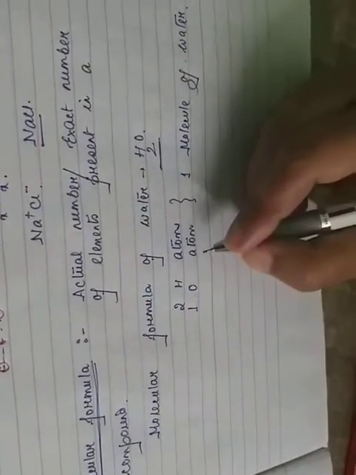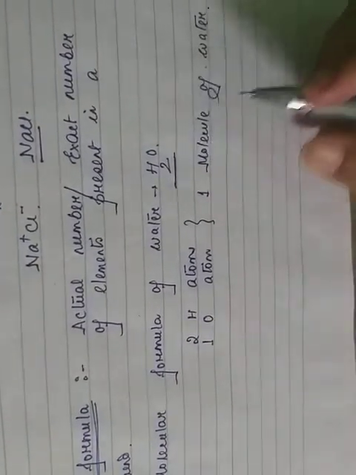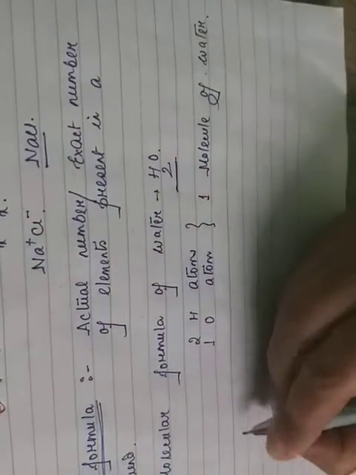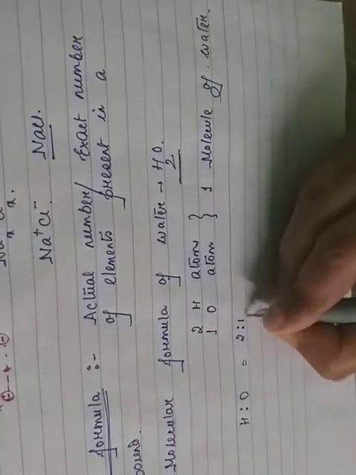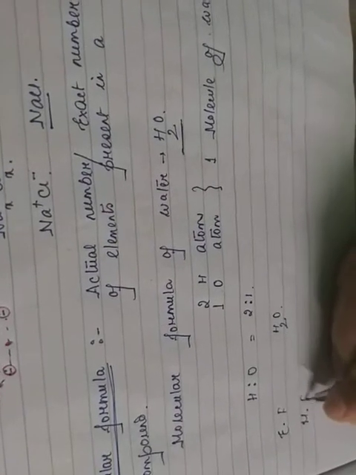This is the exact number. However, this molecular formula can at times be equal to the empirical formula. This is the case here, where the molecular formula is the same as the empirical formula, because hydrogen to oxygen is 2:1. So its molecular formula is H2O and the empirical formula is also H2O.